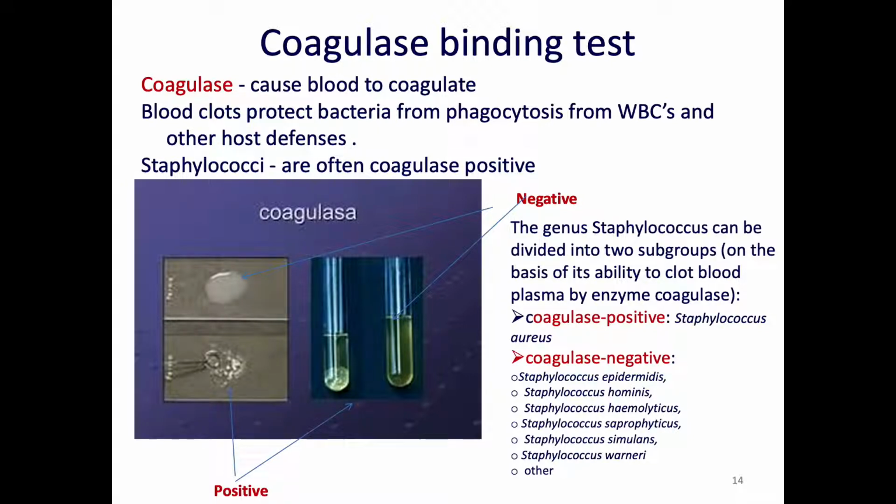Coagulase, as I already mentioned, causes blood aggregation, coagulation. Blood clot protects the bacteria which is inside the clot from phagocytosis, and also provides different defenses for these bacteria. Staphylococci are often coagulase positive. So we can see here the test.